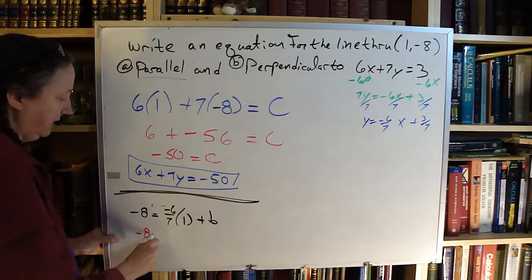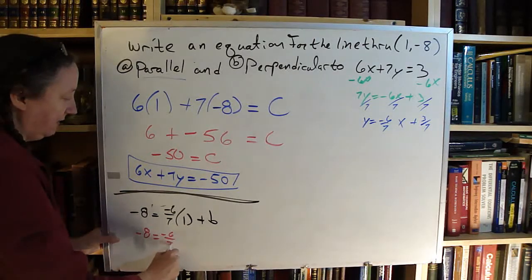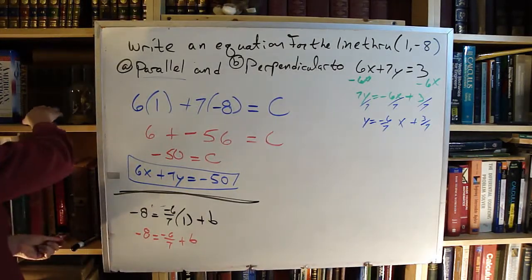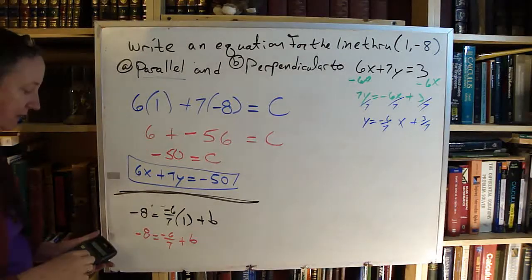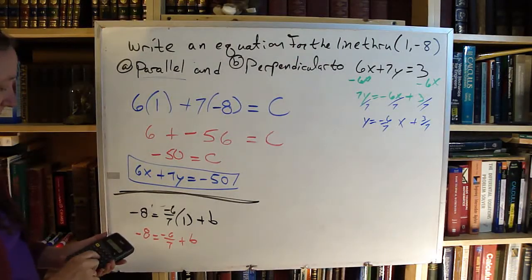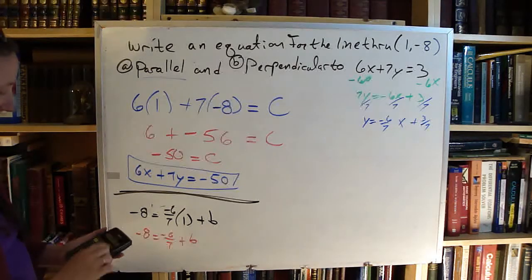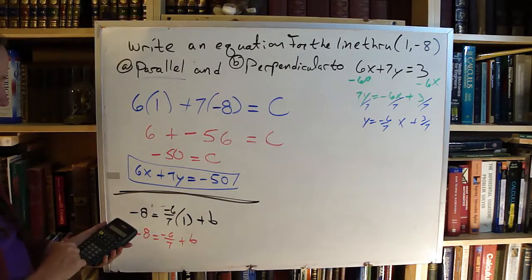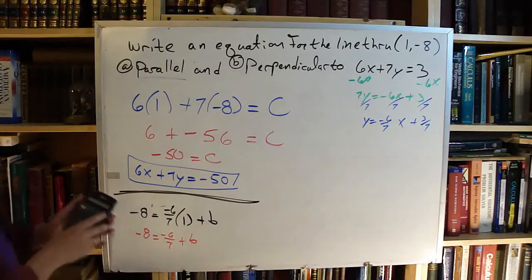So negative 8 equals negative 6/7 plus b. I add my 6/7 to the other side of the equal sign. So I have negative 8 plus 6/7, which equals negative 7 and 1/7.